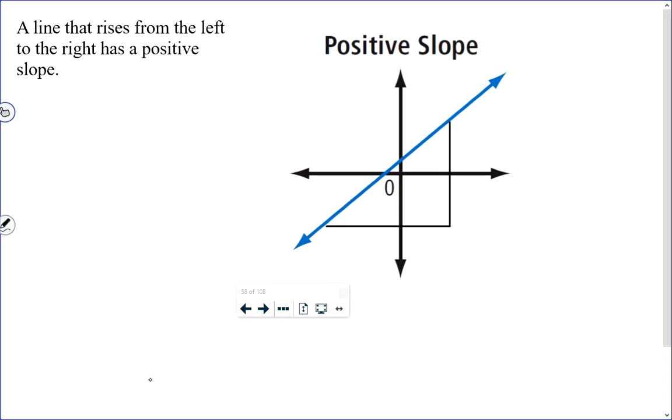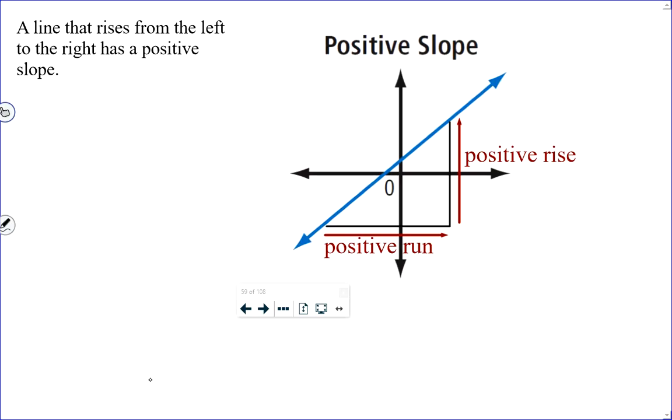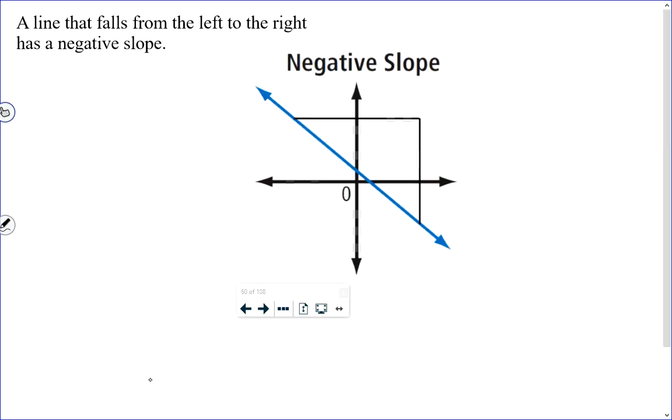I've already said this, but it's going to be important for the next part of the warm-up. A line that rises from left to right has a positive slope. It has a positive run and it has a positive rise. If you have a line that falls from left to right, the slope is negative. Why?